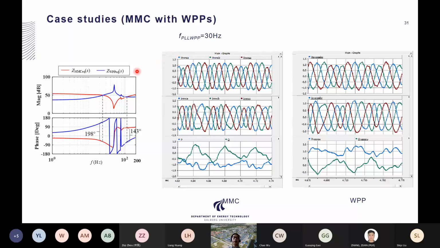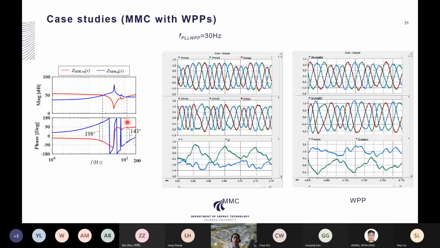Here you can see the case study where I developed the accurate model of the MMC, which is highlighted in red, and the blue line shown here is the impedance model of the wind power plant. You can clearly see that, as shown in this blue line, around 15 Hertz the phase angle of this impedance goes beyond 90 degrees as well as minus 90 degrees, indicating that the wind power plant converter has a significant negative damping around the fundamental frequency.